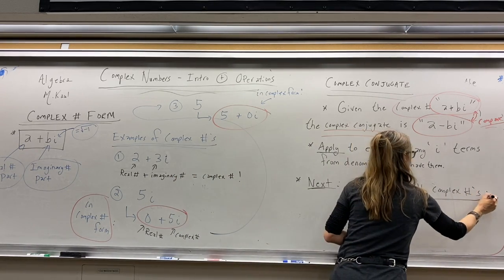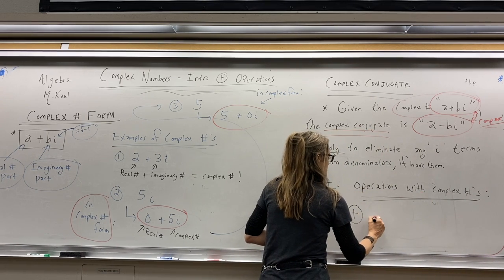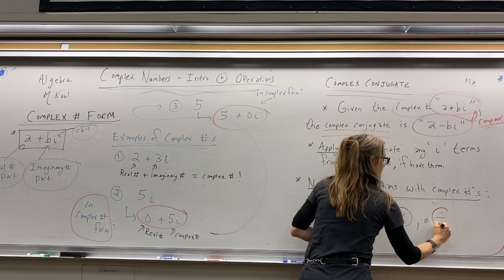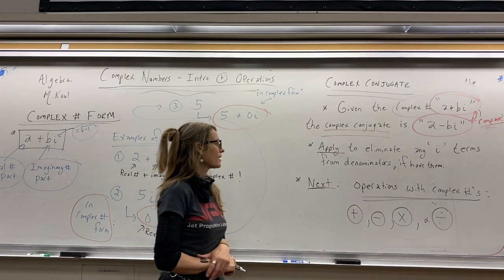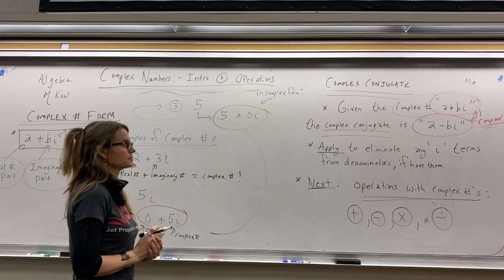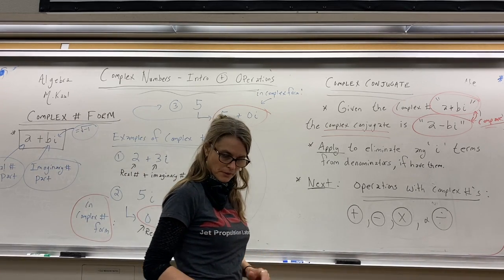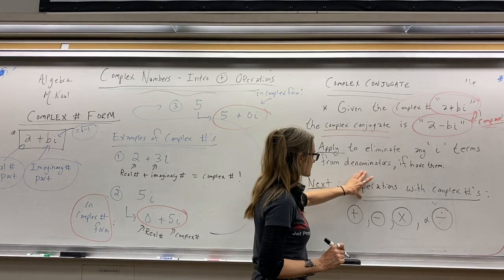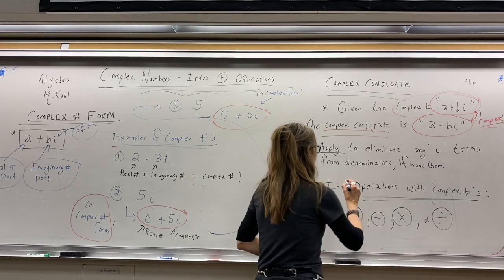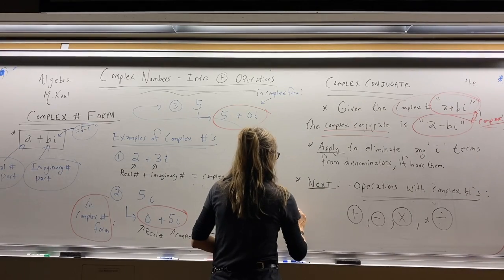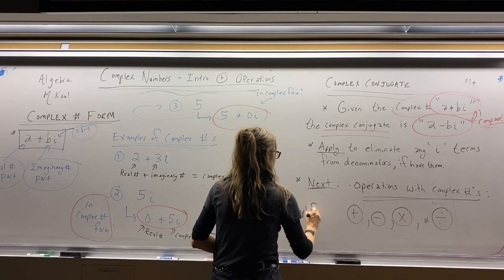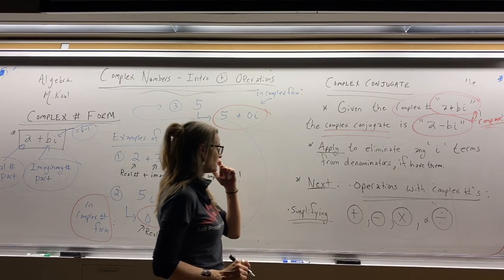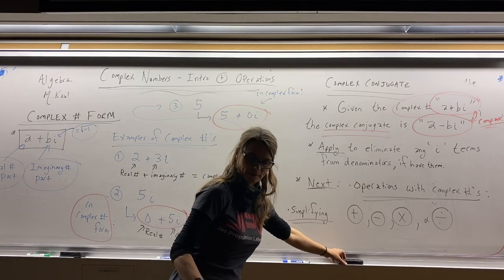We want to be able to add them, subtract them, multiply them, and divide them. And eliminate i's from the denominator. That's going to be part of the division part. We're going to look at these operations, but we're also going to look at simplifying. We'll look at some general i expressions that we could simplify.